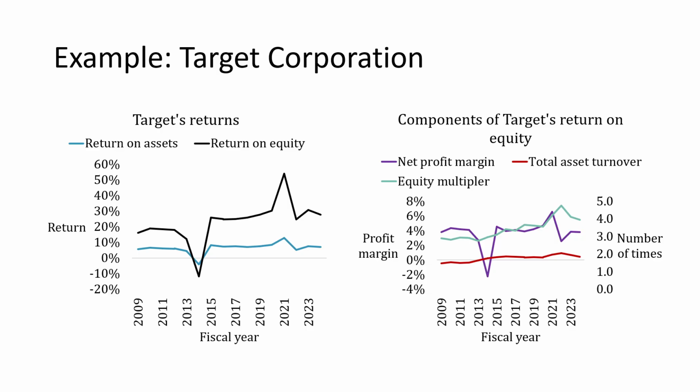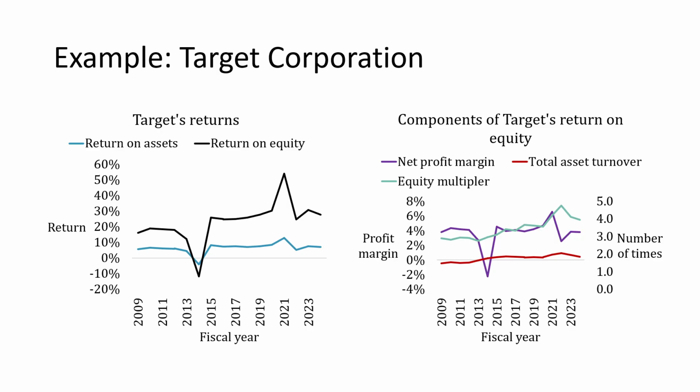So what was going on in 2014 and 2021? It's the net profit margin that was driving everything. The net profit margin dipped considerably into the negative side in 2014, and then there was an upward movement in 2021. So net profit margin was driving the returns.